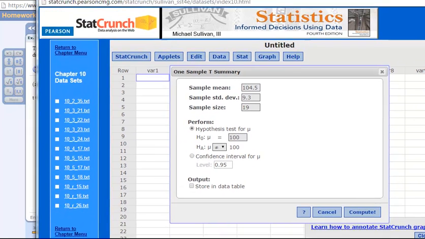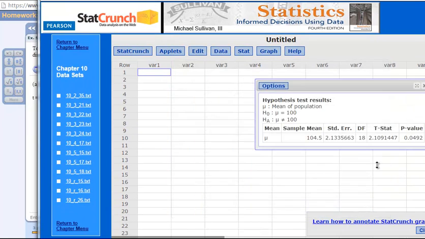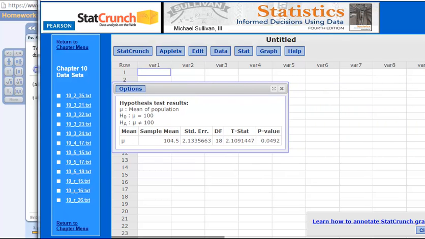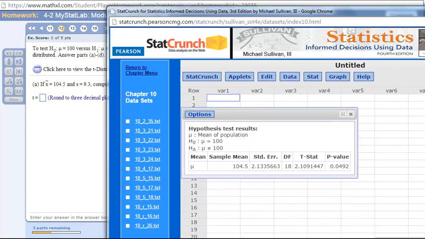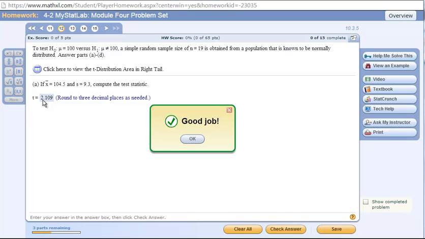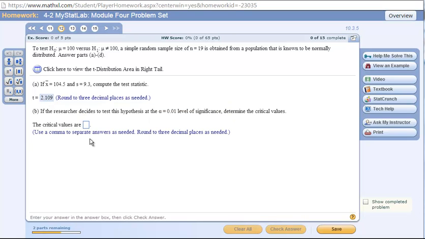We can easily compute this, and here we have the t statistic as 2.109. Okay, that's good. Now it asks us for the critical values at an alpha level of 0.01.